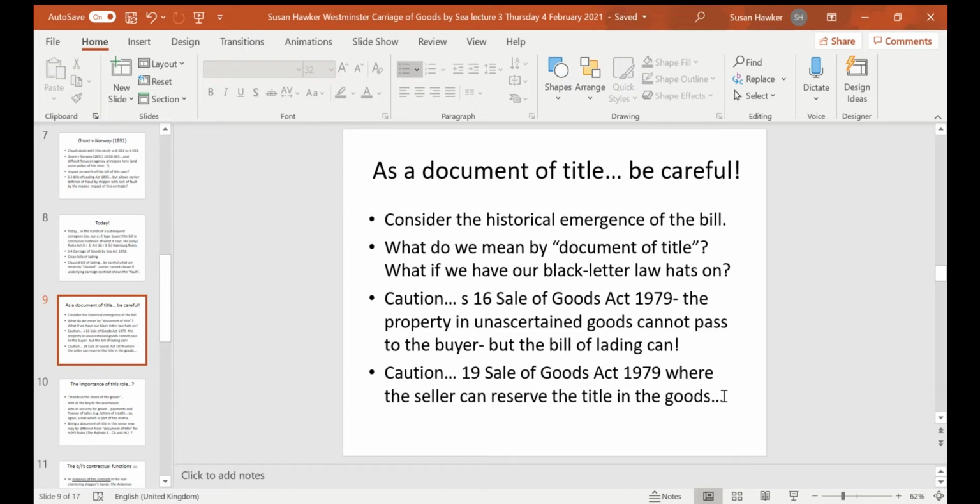Lord Brandon said it wouldn't be a good idea anyway for this consignee to sue the carrier in negligence, because if he sues the carrier in negligence because he has no contract with him, the carrier cannot limit his liability under the Hague or Hague-Visby rules.